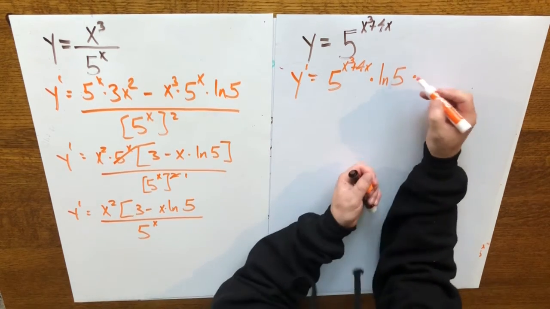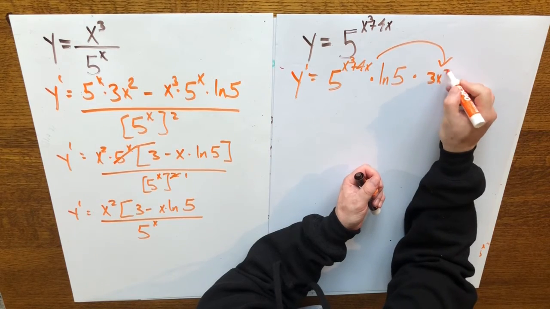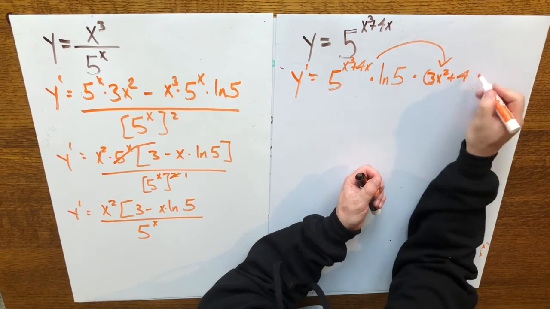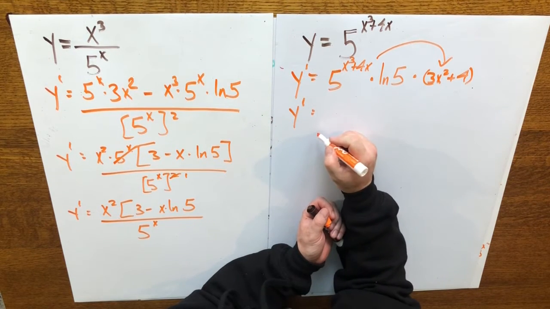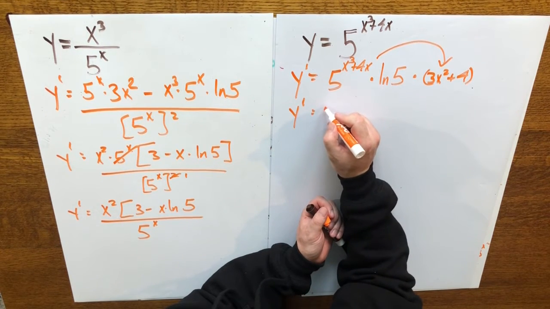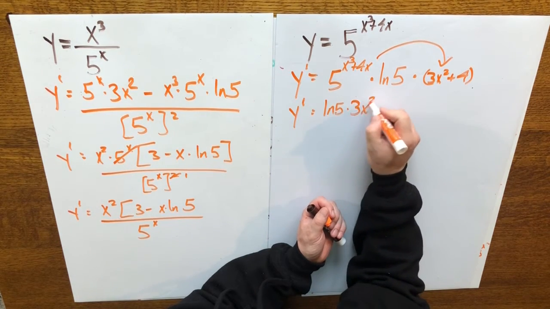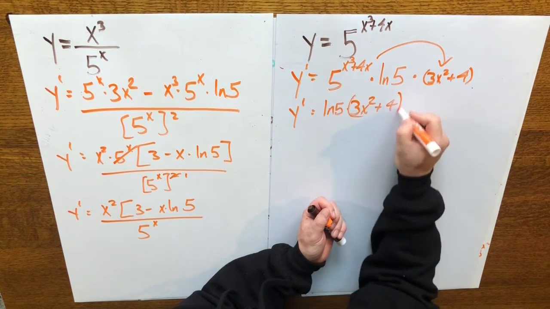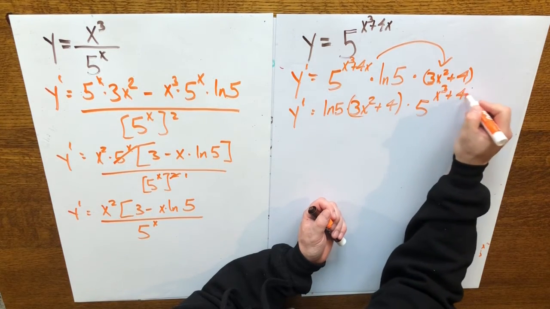Now we're going to multiply it by the derivative of the exponent, 3x squared plus 4. So y prime equals ln 5 times 3x squared plus 4 times 5 to the x cubed plus 4x.